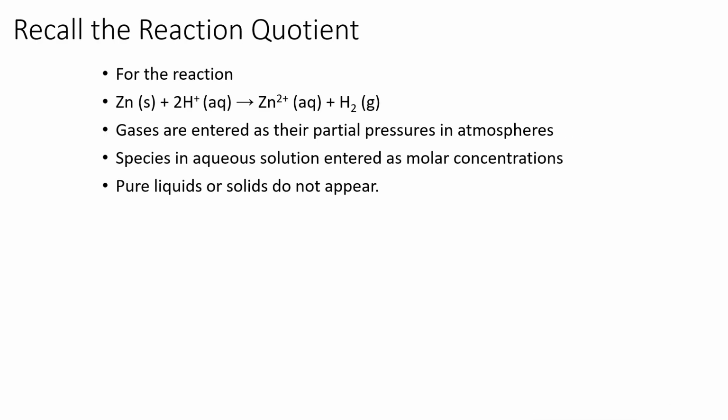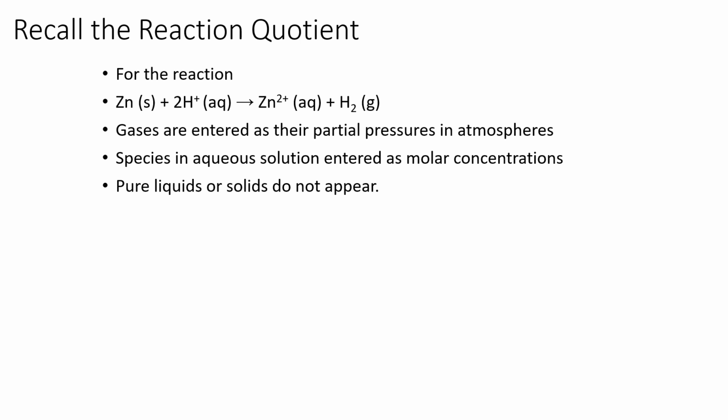So here we have the reaction of solid zinc plus two strong acids producing zinc 2+ and hydrogen gas, H2 gas. Remember that when we do a reaction quotient, just like an equilibrium constant, gases are their partial pressures, aqueous things are their molar concentrations, moles per liter, and we exclude liquids and solids. These are things we've been doing all semester long.